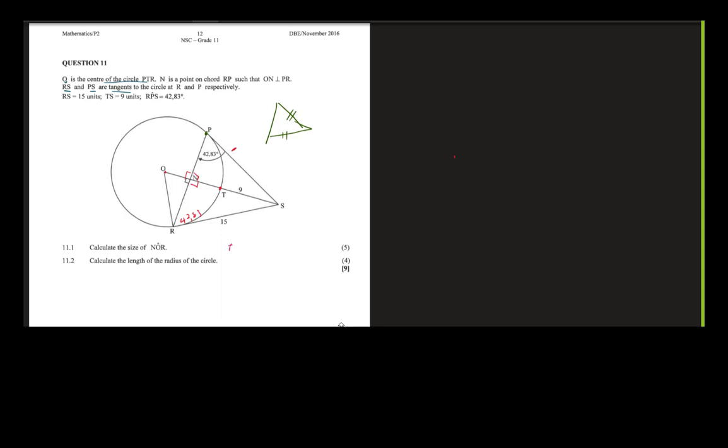But RN is equal to NP. Are you guys aware of that? RN equals NP because of the theorem that says a line from the center of a circle to the chord bisects the chord. If you remember the first theorem, RN equals NP. Can we find RP somehow?